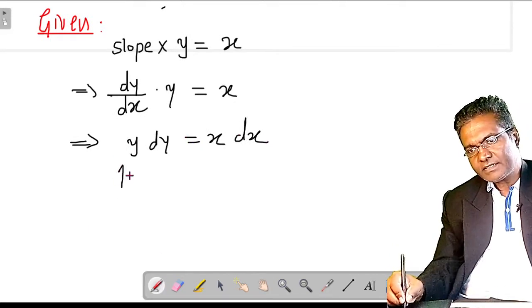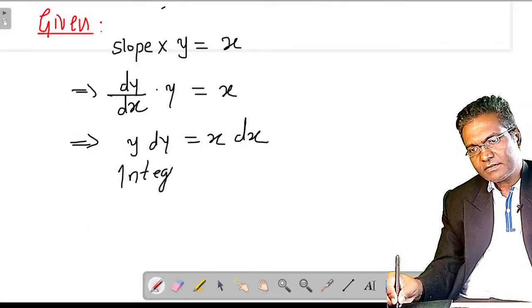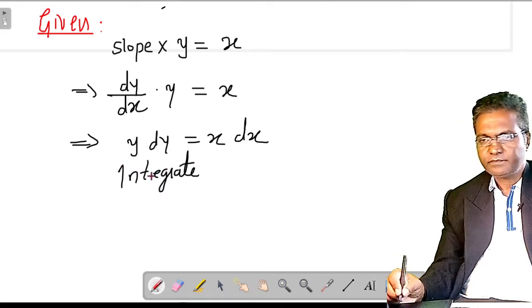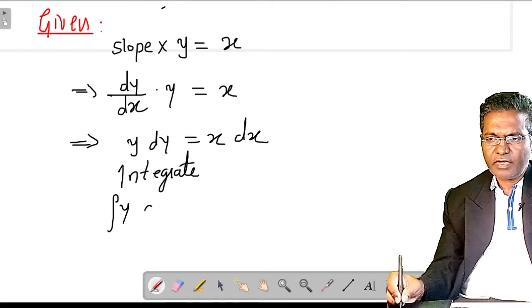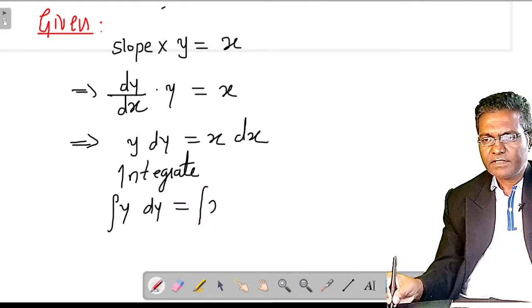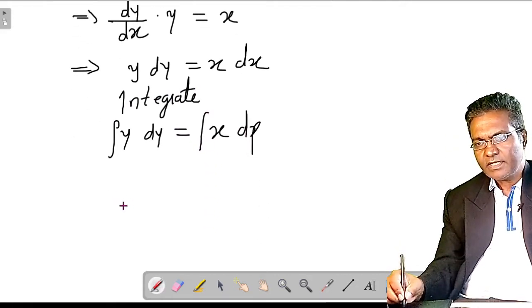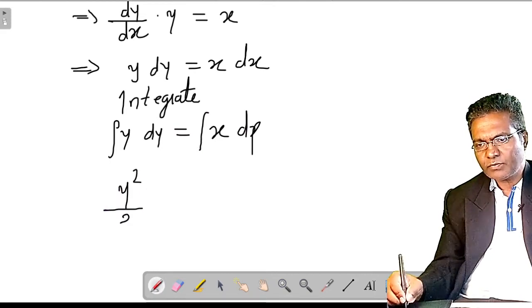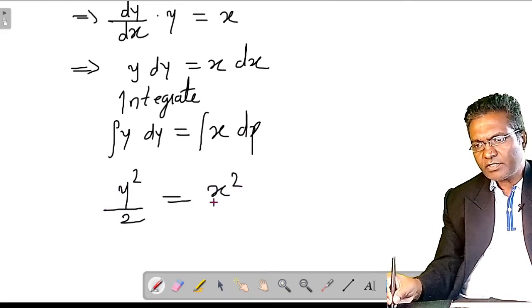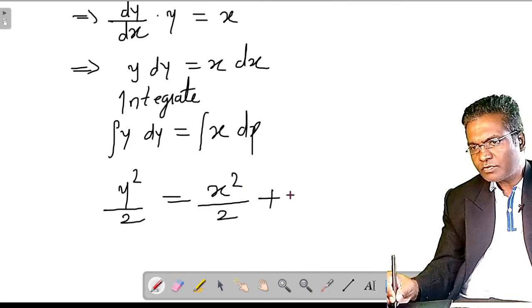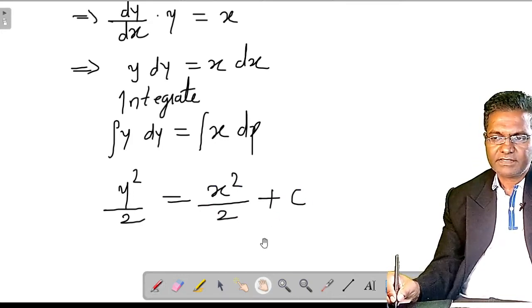So integrate. Integration of y dy equals integration of x dx. One can write directly: integration of y is y square by 2, integration of x is x square by 2, plus c.